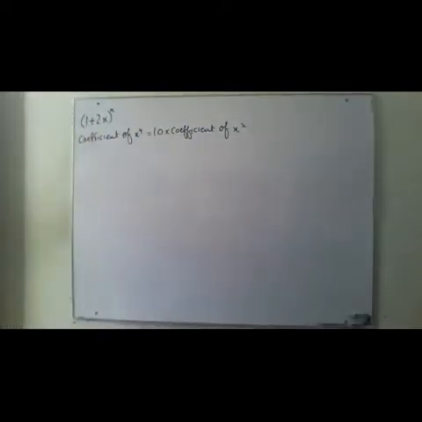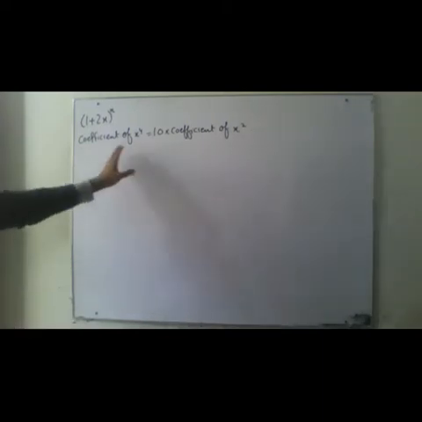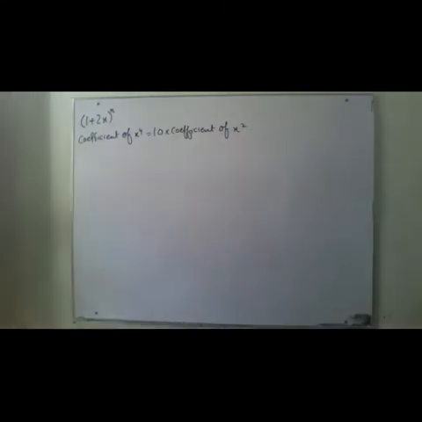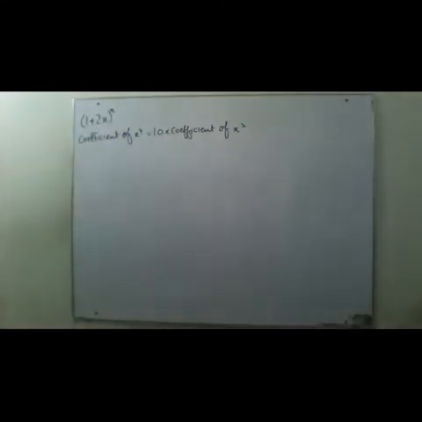Now how am I going to do it? First thing is that they are not telling us any term number, it is not given to me. So I can't just go with r. I have to get the value of r first in order to simplify it further. So how will I do that?